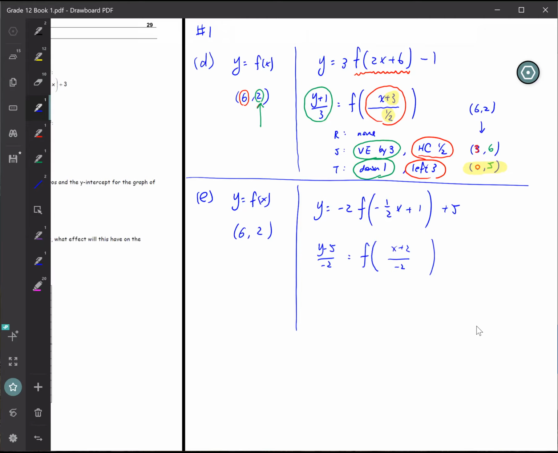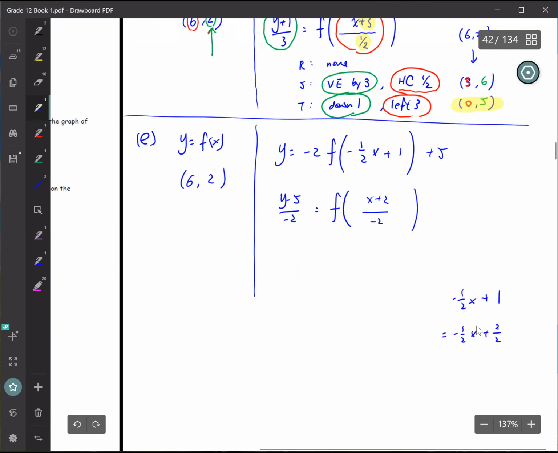You change the 1 to 2 over 2, and you just divide by -2. Okay, let me write that on the side. So -1/2 x plus 1, you turn it into -1/2 x plus 2 over 2, like that? Yeah. And then you just take x plus 2 and you divide it by -2.